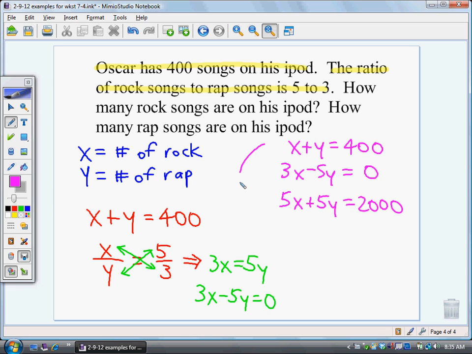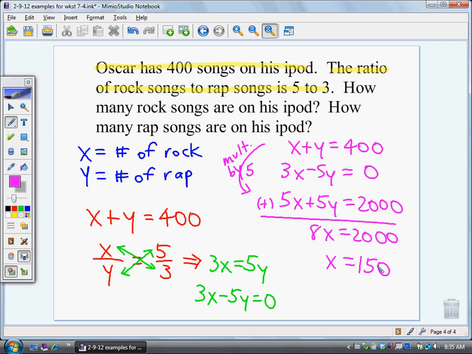So I just multiplied it by 5, and that gave me that. And now you're going to add these two equations right here, and you're going to get that 8x is equal to 2,000. And therefore x is 150.